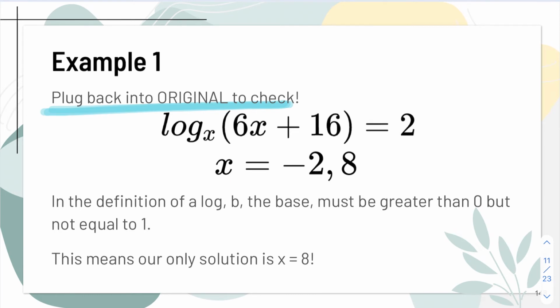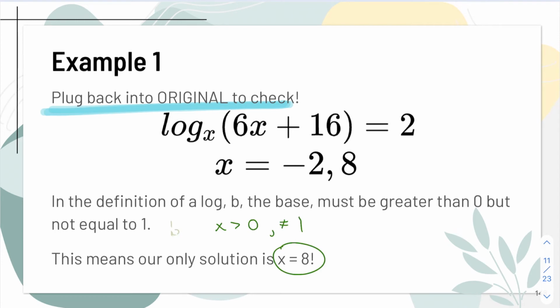The first one was that by definition of a log, and honestly an exponential, the base must be greater than 0 but not equal to 1, right? Well, negative 2 is not greater than 0, and it's also not equal to 1, but it's a negative. We can't have a negative base. So our only solution is x equals 8 because it checks out.